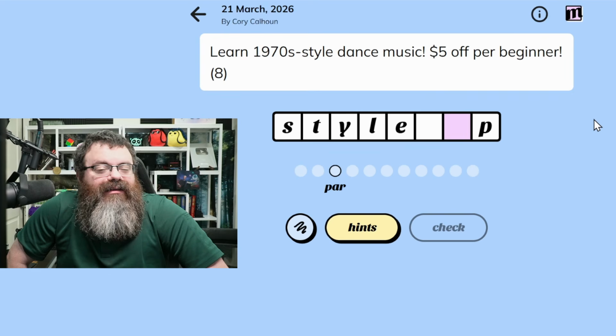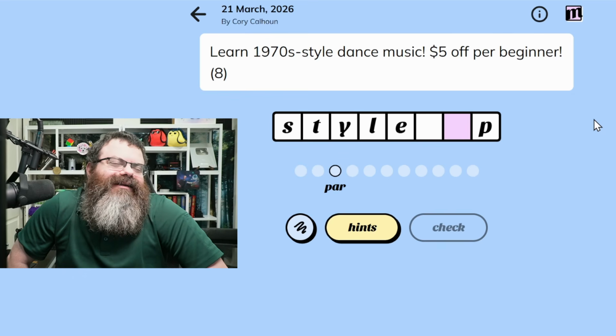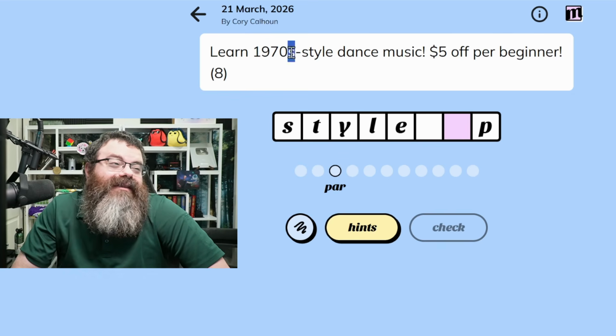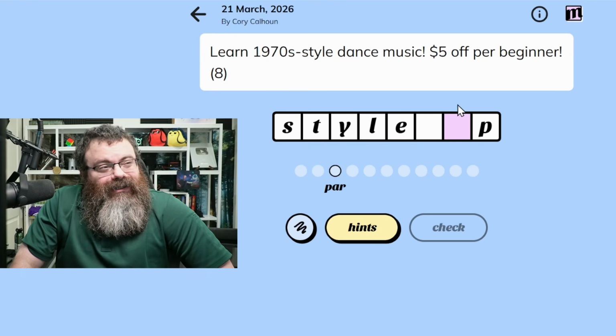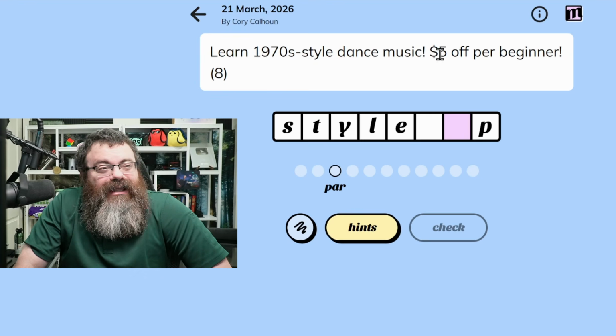LMXX, I'm pretty sure. I don't know what I'd do with LMXX. And there's also an S there. We can't forget the S. Okay, let's get back to this.